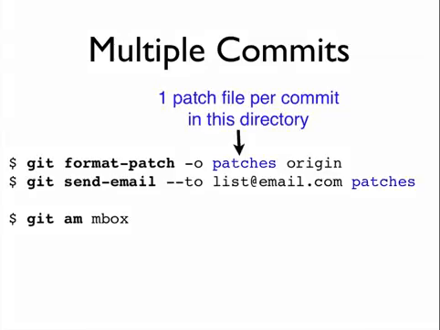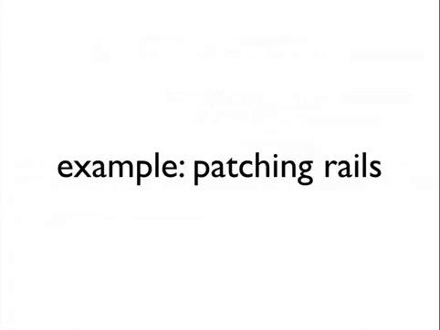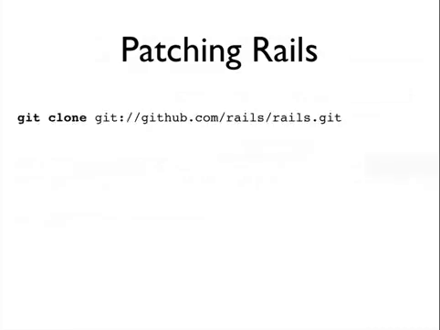The other way you can do multiple of them is if you say -o patches, it'll create a directory and write all the patch files into it, 1 file per commit. And then you can use send-email to email all of those patches to a listserv or something, and then somebody else can download those into an mbox and run git-am on that mbox. So let's look at an example of this. If we wanted to patch Rails, this is actually how Rails has asked to have patches sent into them.